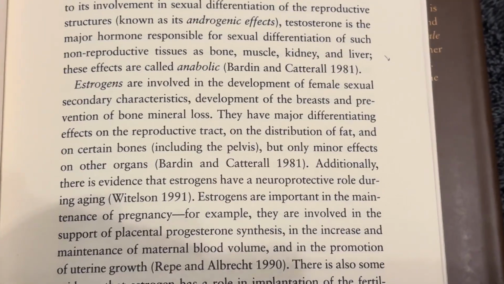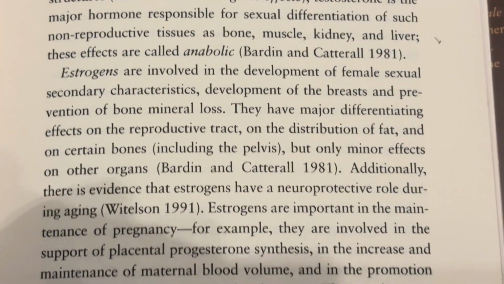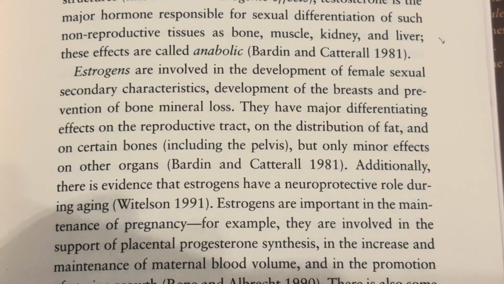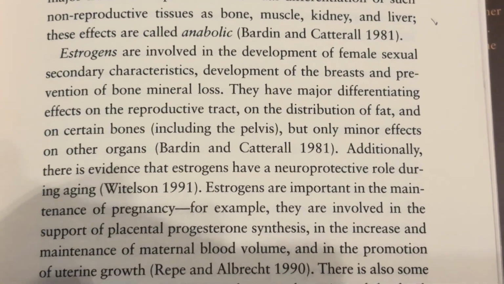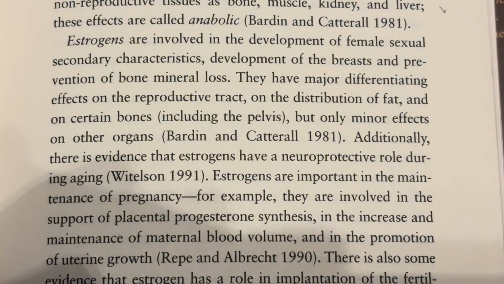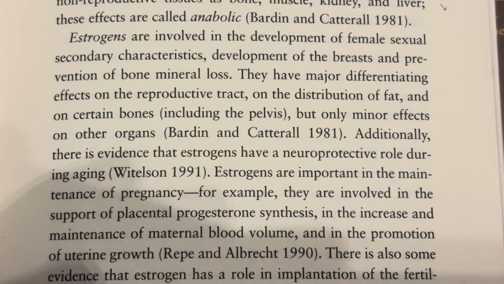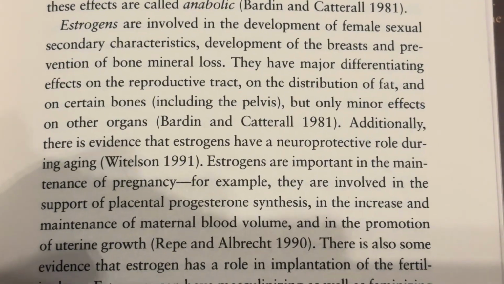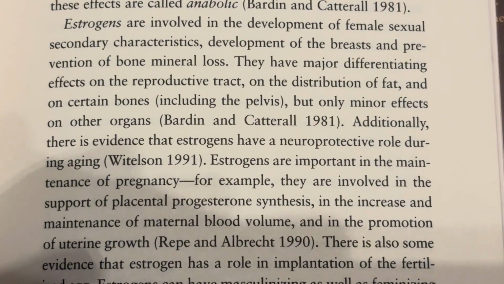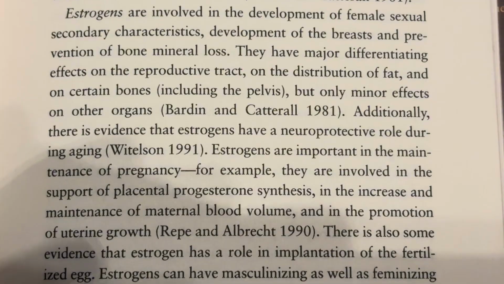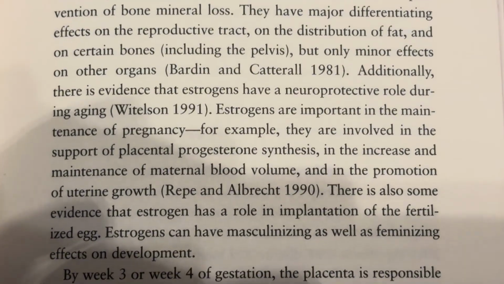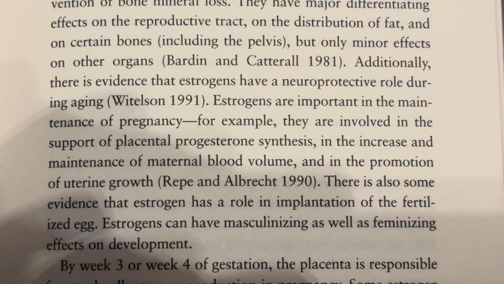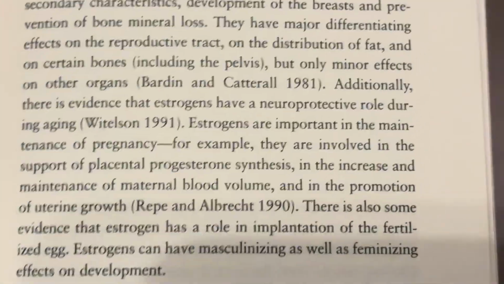Estrogens are involved in the development of female secondary sexual characteristics, development of the breasts, and prevention of bone mineral loss. They have major differentiating effects on the reproductive tract, on the distribution of fat, and on certain bones, including the pelvis, but only minor effects on other organs. Additionally, there is evidence that estrogens have a neuroprotective role during aging.